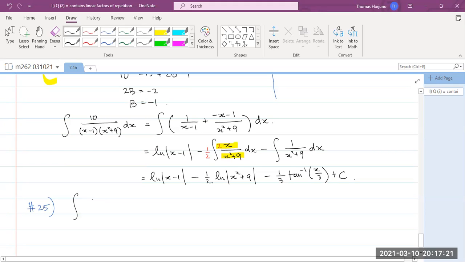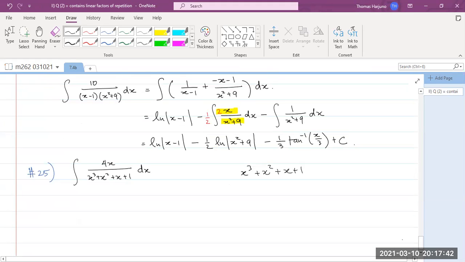So that's the integral of 4x over x cubed plus x squared plus x plus 1 dx. We need to factor the denominator first, right? So x cubed plus x squared plus x plus 1. Can you factor this? What method? You don't know this, drop the class. Go back to Algebra 1.